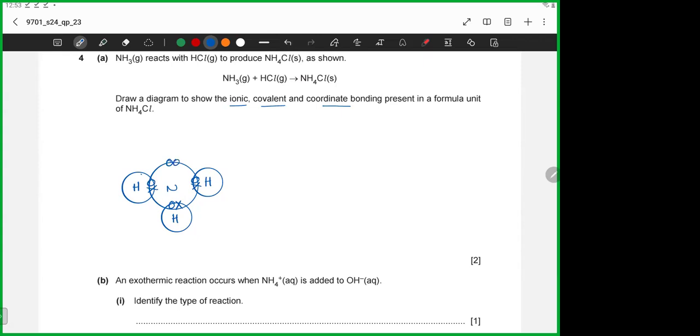So this is your NH3 molecule. And then an H+ comes in and joins with it because it needs 2 electrons, right? So it forms a dative bond, right?